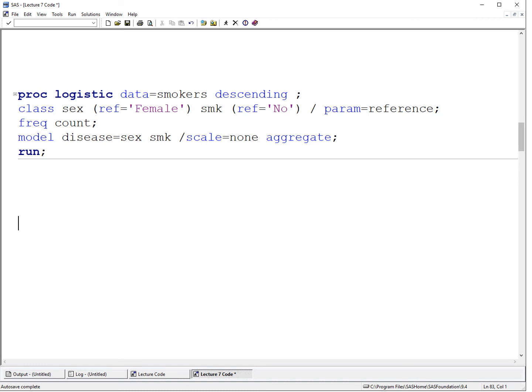If we want to override that default, we put param equals reference, and we can specify, you can see the notation right there, what our reference categories are going to be for each of our variables. Now, if we don't specify, SAS has some default that it uses. I can never remember what that default is, so personally, I always try to set it explicitly, just like I did in this code here.